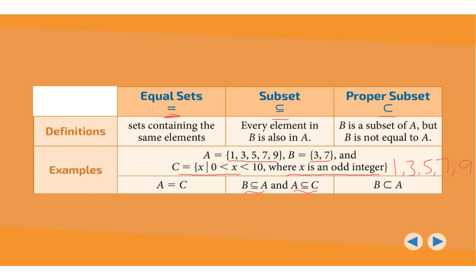So a proper subset is the opposite of equal to. The numbers in B are included in A, but B does not equal A at all.